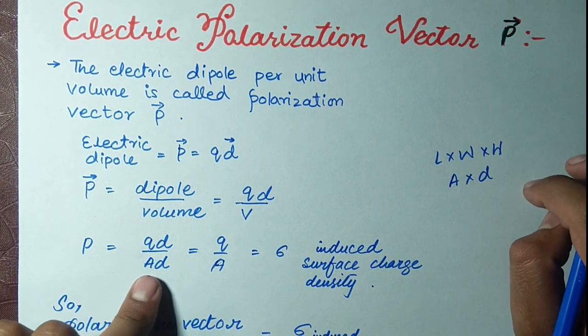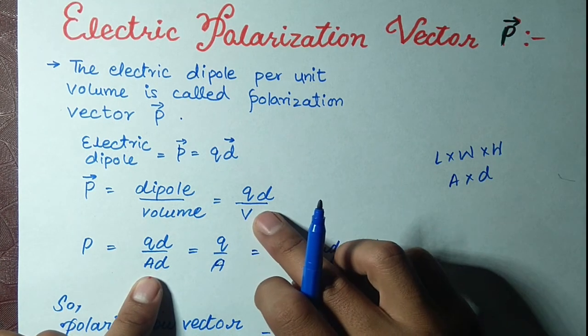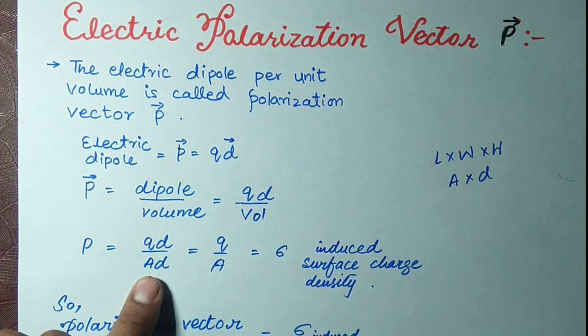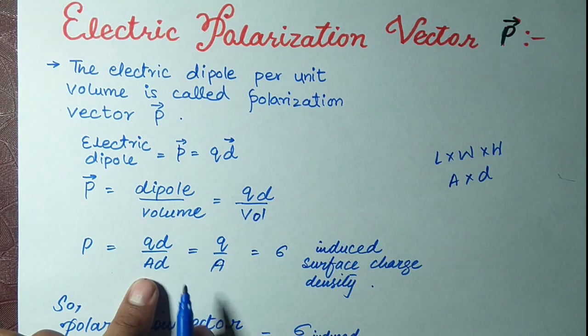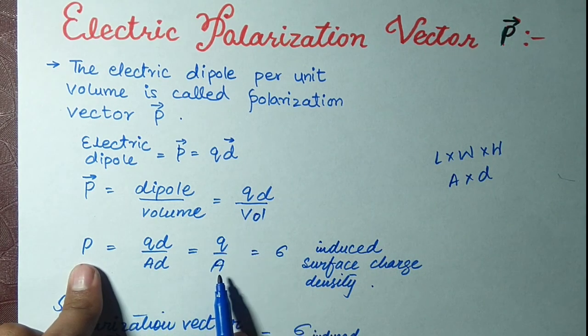So we break the volume into A times d, and this d cancels out, and P is equal to Q over A.